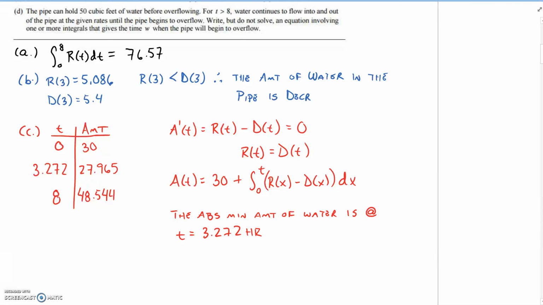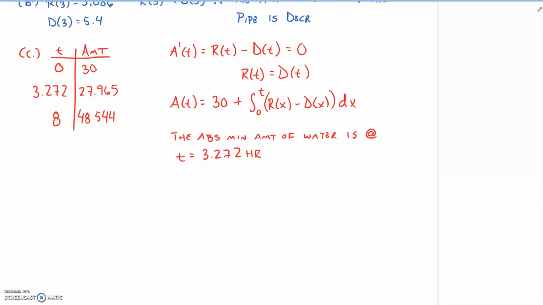So, part D, we have our initial 30 plus the integral from 0 to w of r of t minus d of t, integrated with respect to t, equal to 50. So we want to know when the amount of water in the pipe is going to be 50.